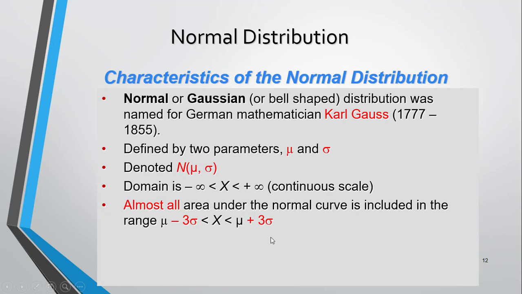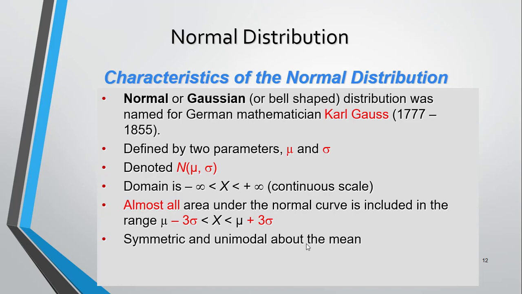For those of you in business, you probably heard about the 6 sigma series, theories about quality management. They're talking about 6 sigma above and below the mean. Now that's a very large area, right? But in most instances, between 3 sigma plus and minus, we cover almost everything. Okay?